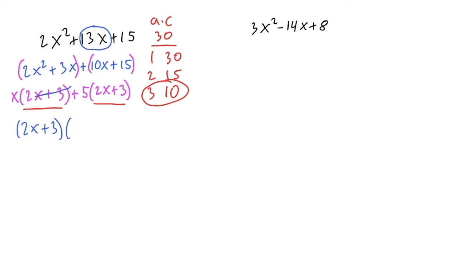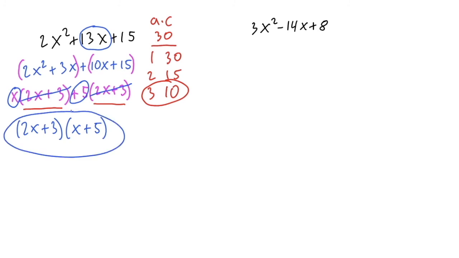So if we get rid of this 2x plus 3 and this 2x plus 3, what we have left is x plus 5. So x plus 5, and this is our answer.